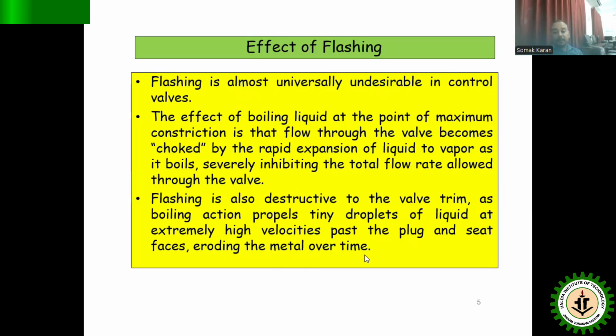Whenever this boiling starts, rapid expansion of the liquid to bubbles comes into the picture, and it takes on higher velocity and has a destructive effect on the trim and the plug.